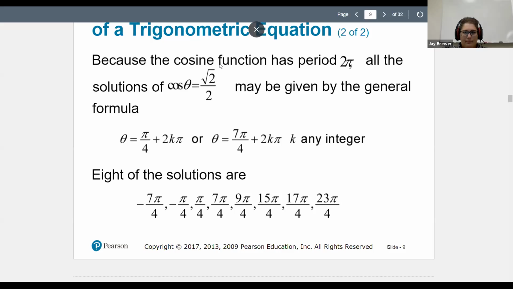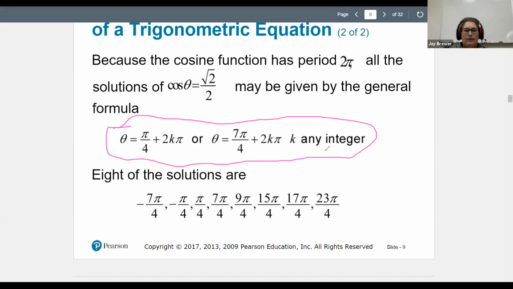There it is. Okay, so if we wanted to highlight that's important, I would write it down.